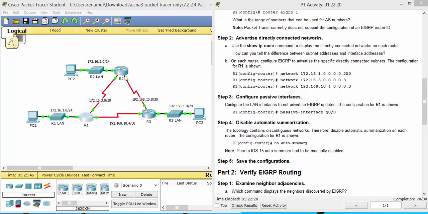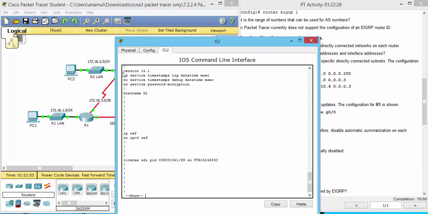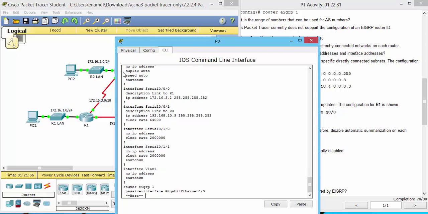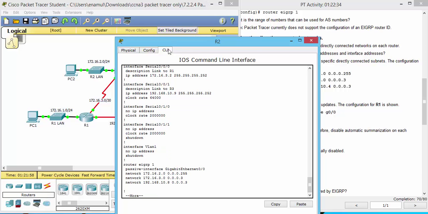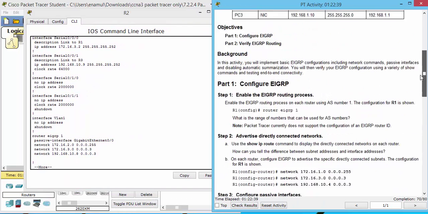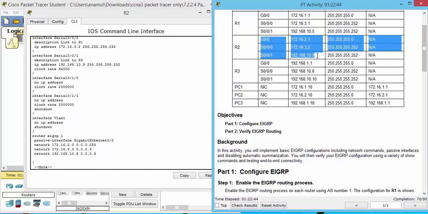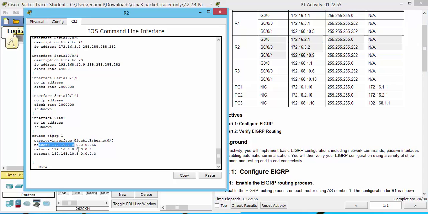Now let's go to R2, enable, show run. This is R2. The networks are 172.16.2.0, 172.16.3.0, and 10.8. It looks okay.